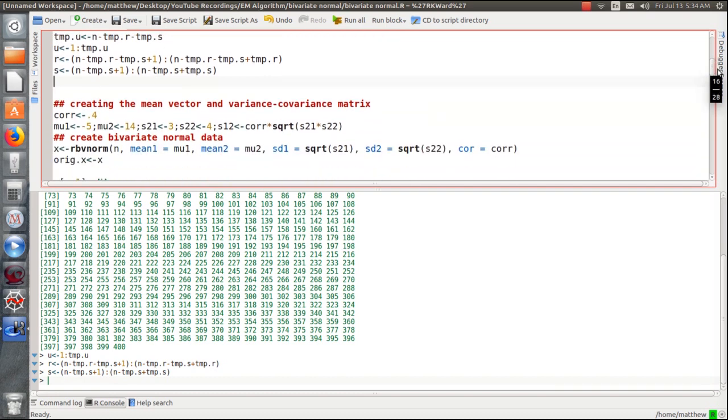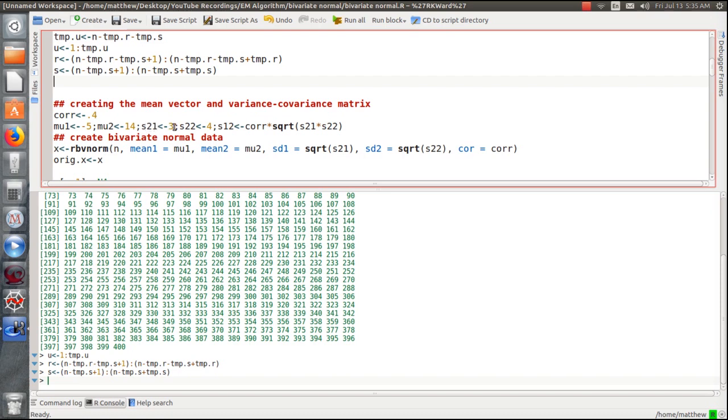So now we need to create our data, and I'm going to create it with a correlation of 0.4, and here -5 for the mean 1, 14 for mean 2. The variances, this is S1 1, so that's sigma squared.